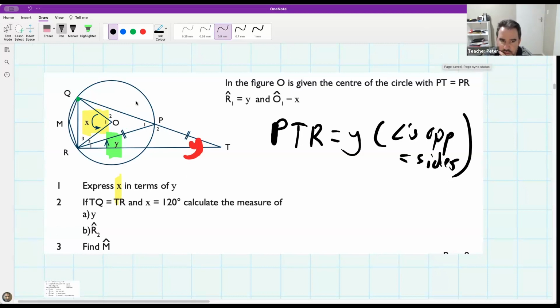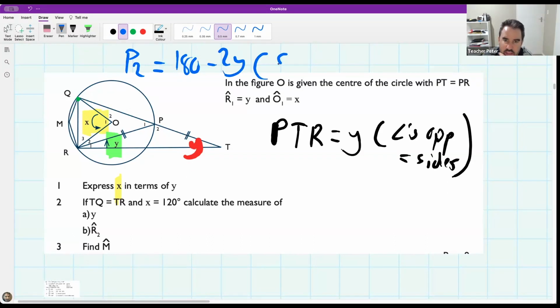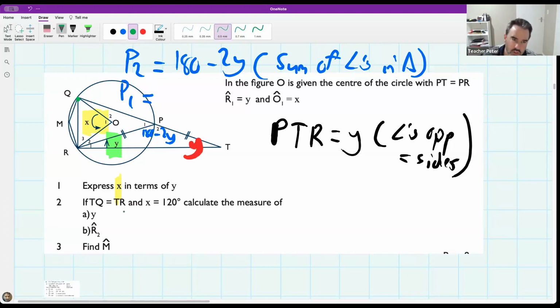Okay. So sum of angles in a triangle, yes, we could say that P2 is equal to 180 minus 2y, and that would be sum of angles in a triangle. So this would be that one. Now, what would P1 be then? What would this one over here be?